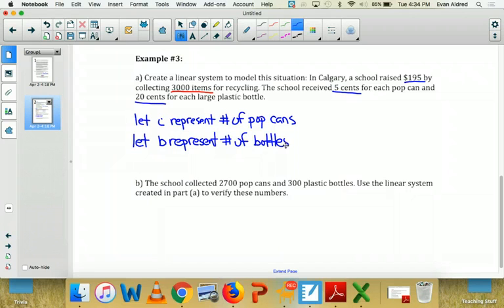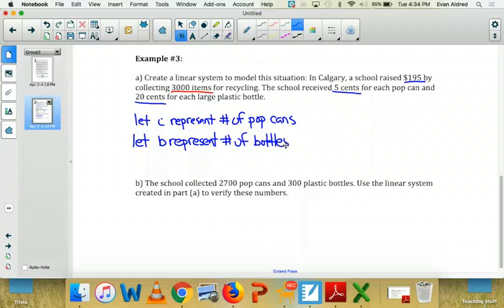And the first one we talked about as cost. 5 cents, 20 cents, $195. So we have to convert our 5 cents and our 20 cents into dollars, which we do by making them decimals. We divide each by 100 because there's 100 cents in a dollar. So if each pop can gives us 5 cents, well, 5 divided by 100 is 0.05.